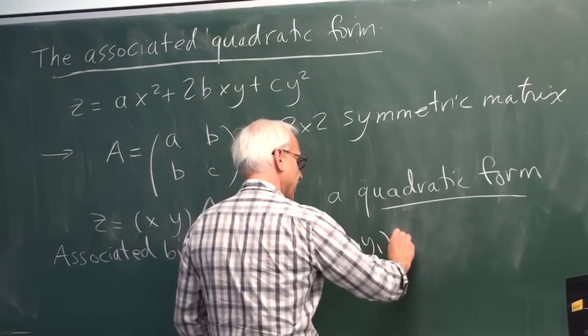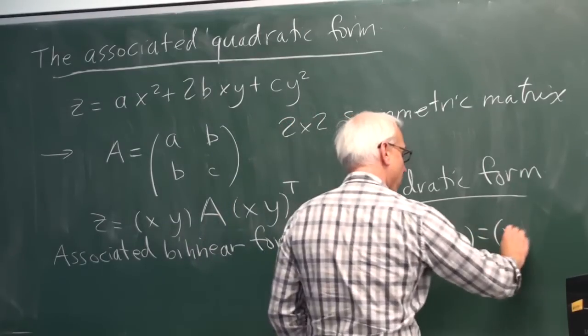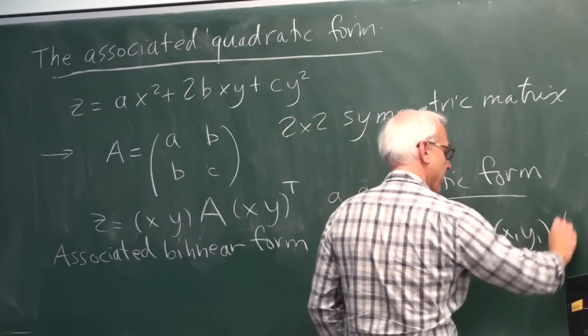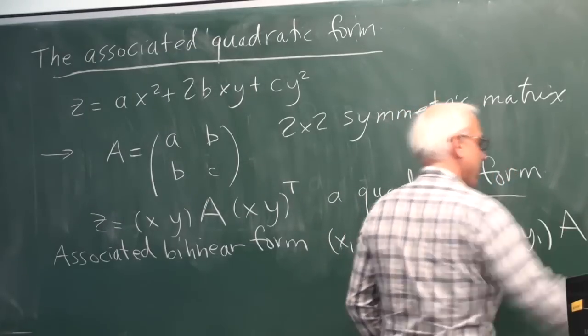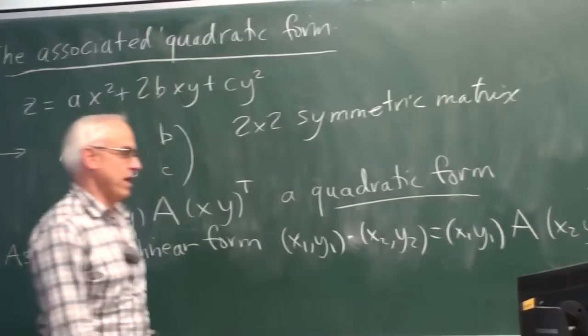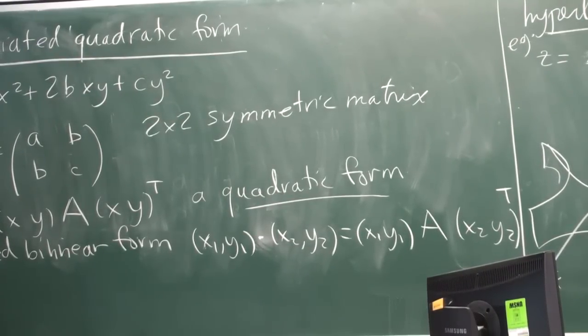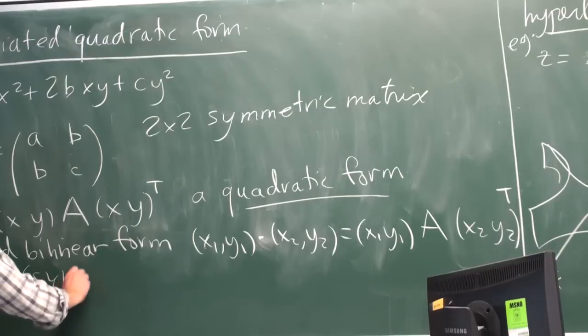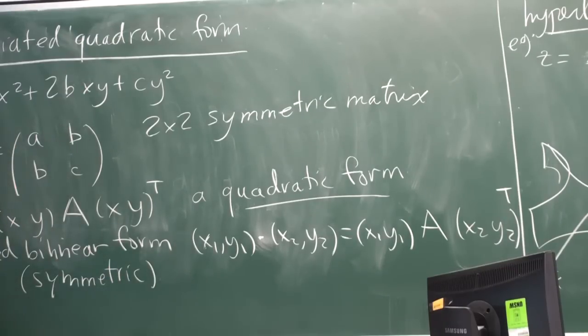So (x1, y1) dot (x2, y2) is the same formula, but just with these two vectors being perhaps different. So it's a symmetric bilinear form.